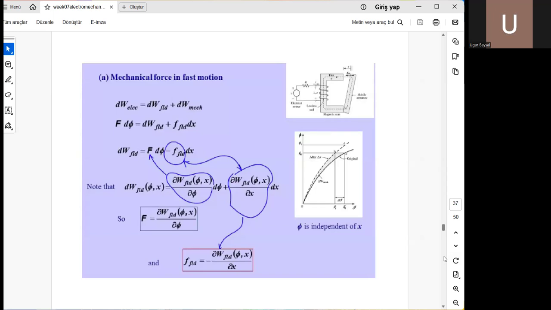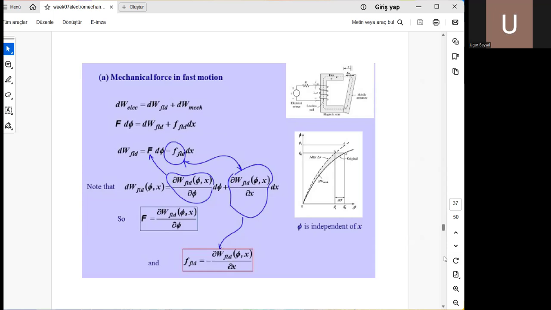Similarly, if we use the complementary part or the energy relationship and take the total differential with respect to phi and X, this time the field energy is a function of flux and X, and the total derivative has two terms.